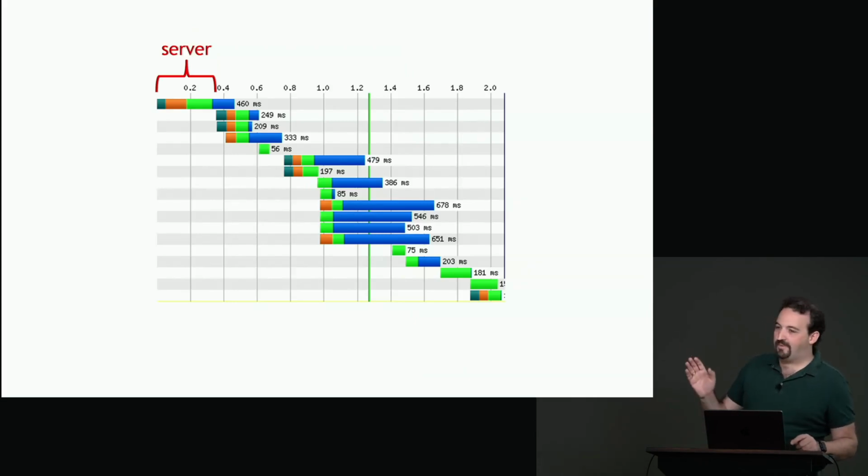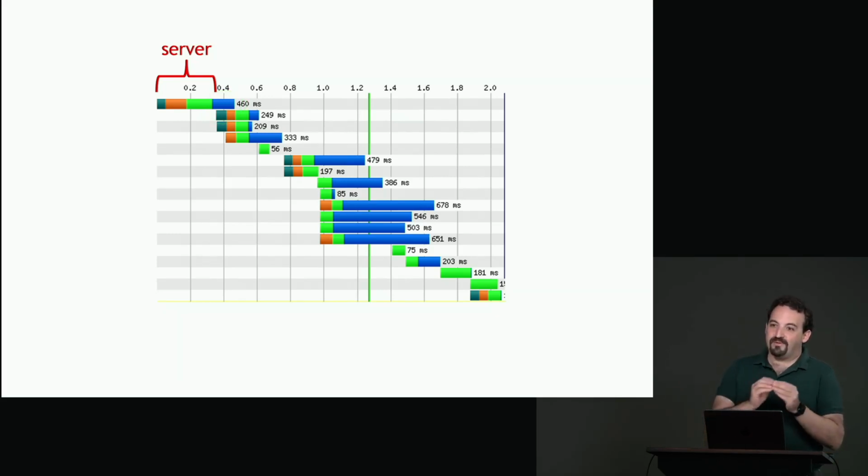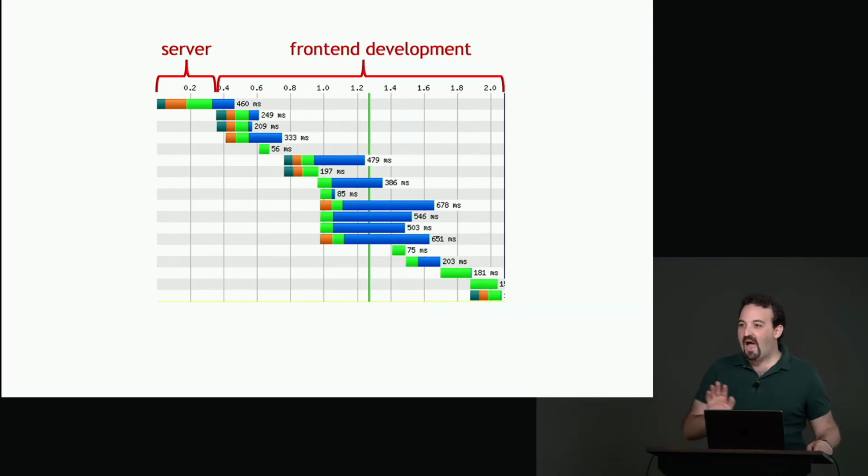The server is just that part that you see there. Not even the blue part, because the blue bar in this chart is downloading the file. That will change based on the bandwidth. The server responsibility is just that part. All the rest has to do with how we define things in our HTML. So it's front-end responsibility.